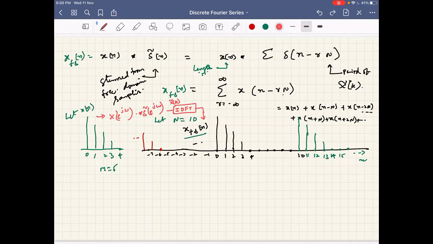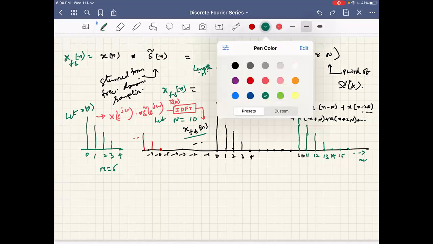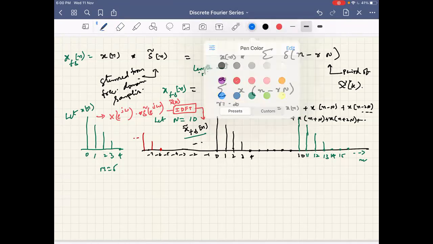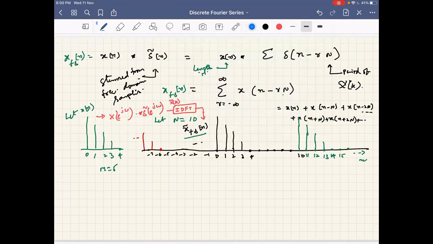So now let us see the other example wherein we initially have some x tilde of n given to us, or related X tilde of k given to us, and it has a sequence of length N.